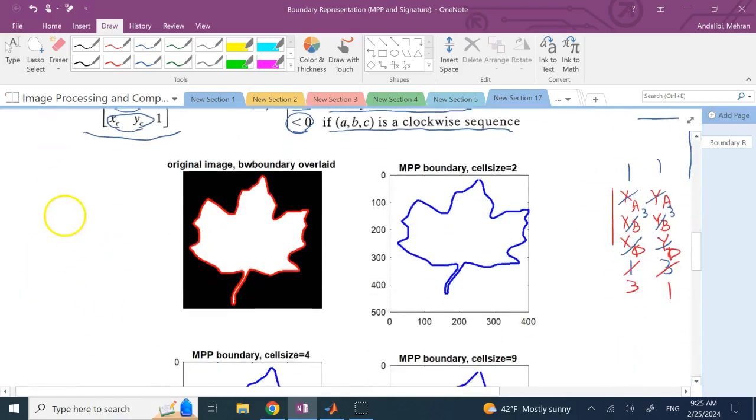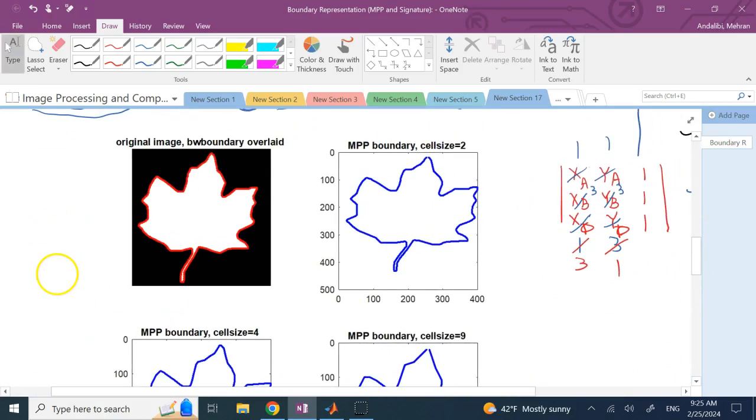Here, to show you the effect, I have generated some pictures for this maple leaf. You see the image is binary, and the original edge map is overlaid on the image in red. So this is what I have, and now instead of this red maple that has lots of edge points, I want to approximate it with a polygon with a lot fewer sides, or a lot fewer points.